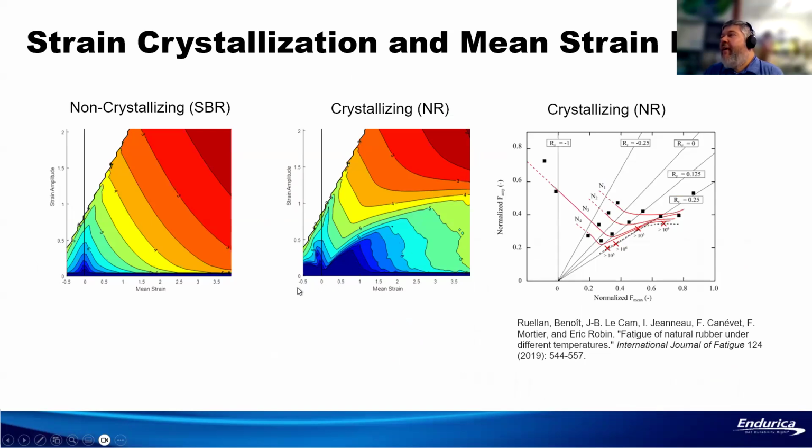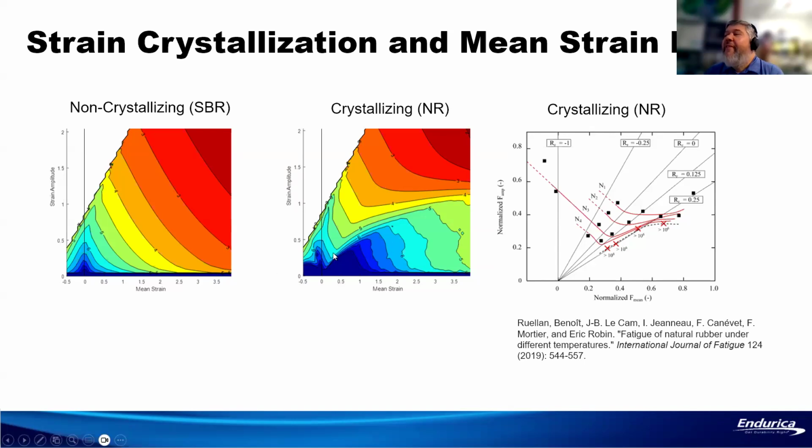On a Haigh diagram, the x-axis is the mean strain, the y-axis is the strain amplitude. The colors indicate the fatigue life, where blue is long life, red is short life. And you can see when you have crystallization, there's a strong benefit for a certain range. If you increase the mean strain, there's a range within which the crystallized material actually improves the fatigue life by increasing the mean strain.